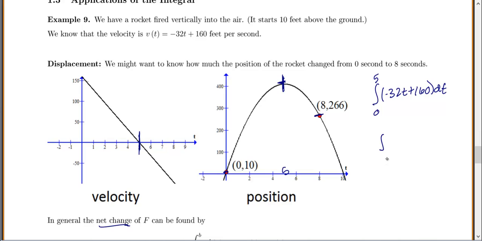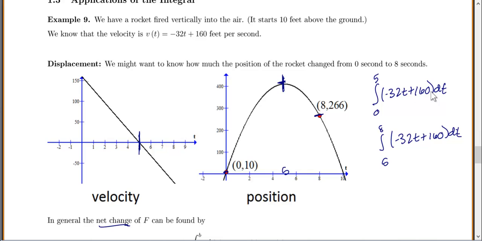And then let's integrate from 5 to 8 of my negative 32t plus 160. And if I do those two integrals separately, I should have this piece and then this piece, and then I can see how much the total is.